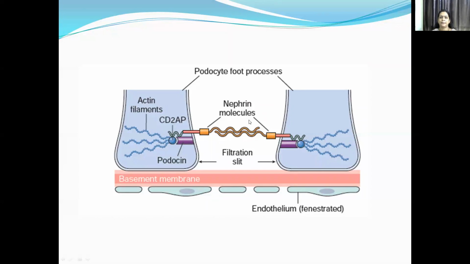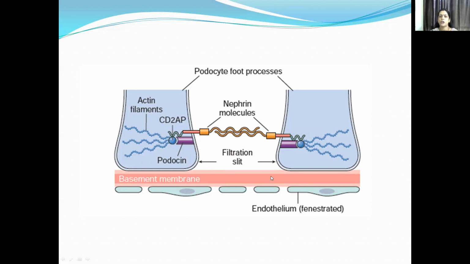They have an IgG, antibody-like structure, an immunoglobulin-like structure. That's what I mean. They're not the antibody, but they have an immunoglobulin-like structure. So these nephrin molecules are attached to the intracytoplasmic podocin with the help of CD2AP protein, and then these are again supported by the actin filaments.